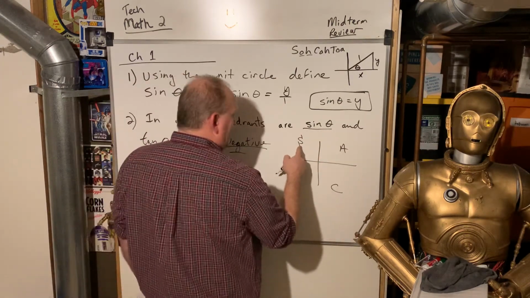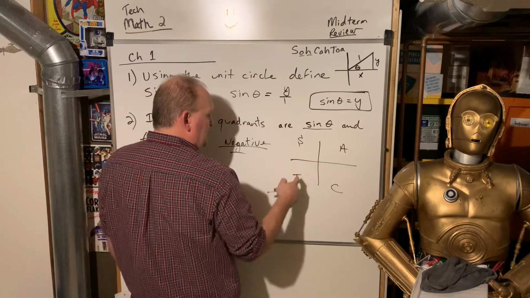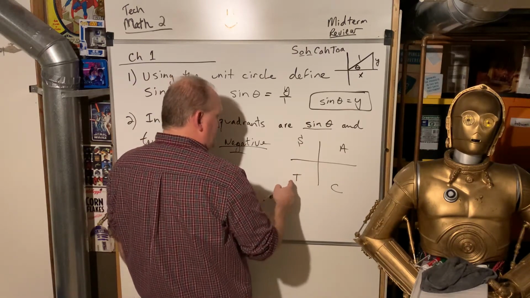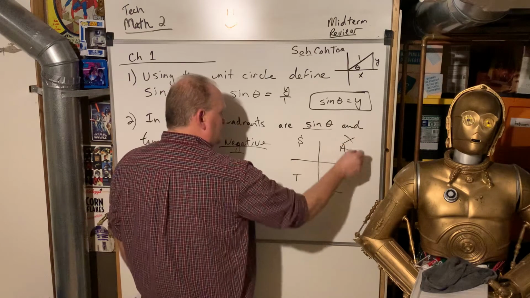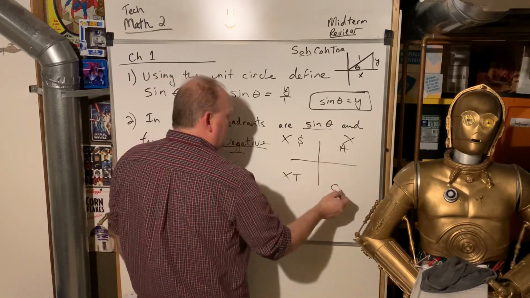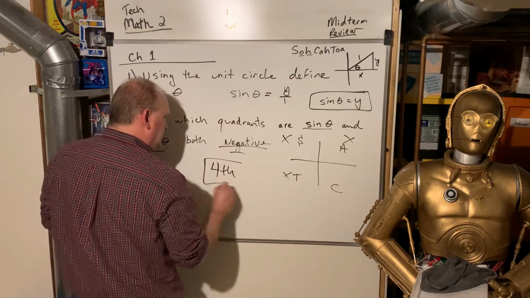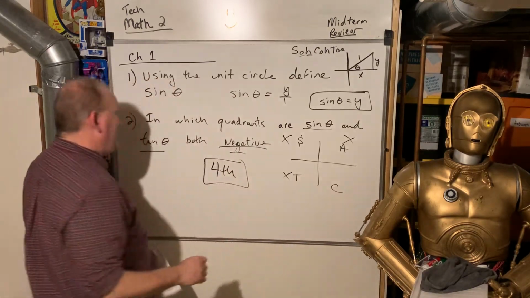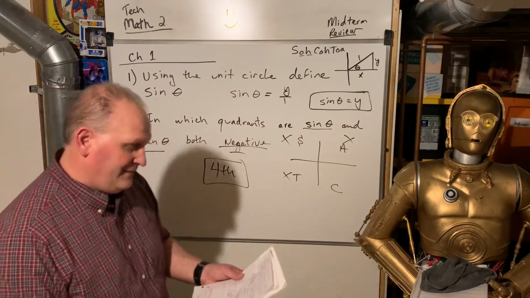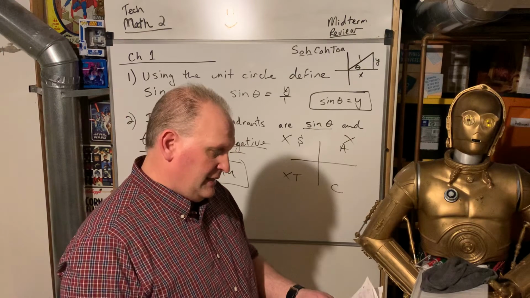Sine is positive in the second, so that's not going to cut it. Tangent is positive in the third, so that's not going to cut it. So this one's out, this one's out, and this one's out, because those are positive. So it is the 4th quadrant that both sine and tangent are negative. All right? Lovely, lovely.